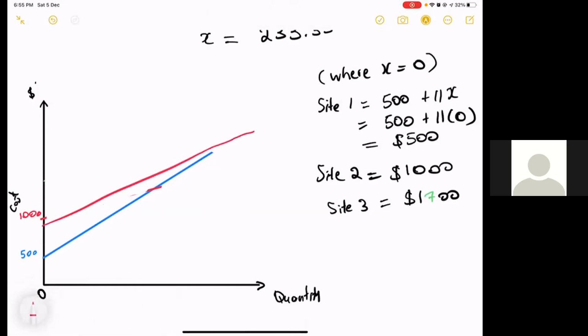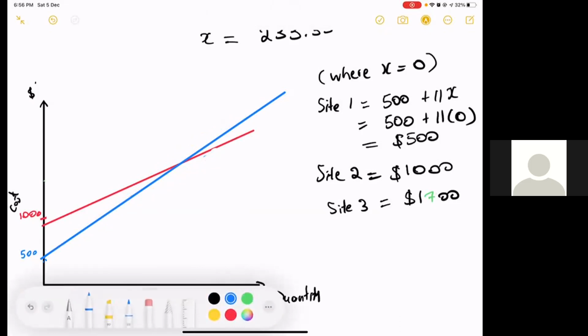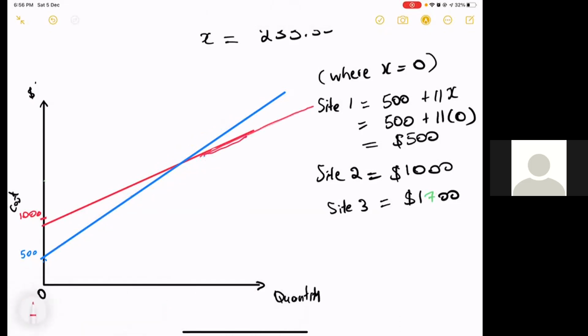Draw the blue line again. Draw the red line a little bit better. Excuse the double line.